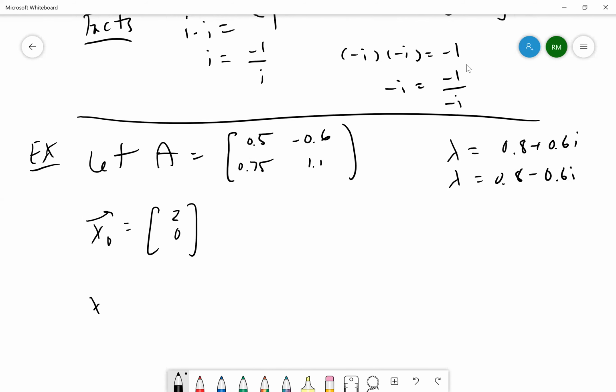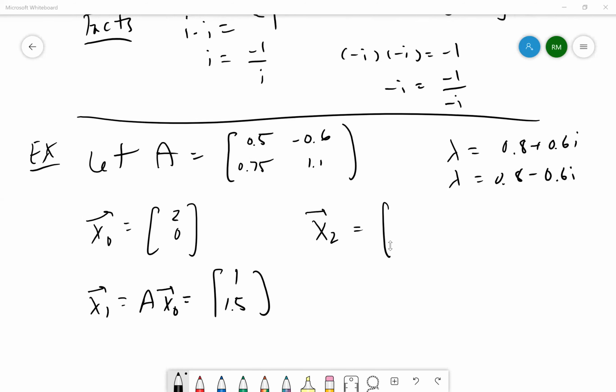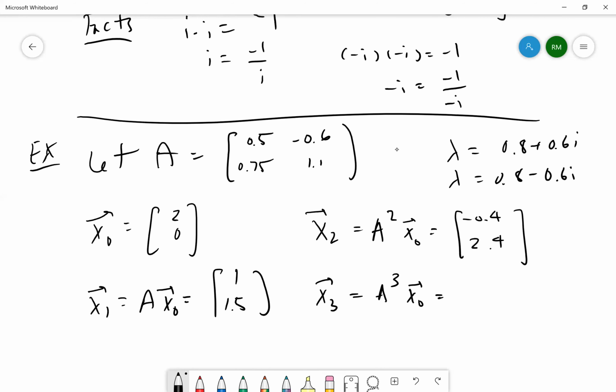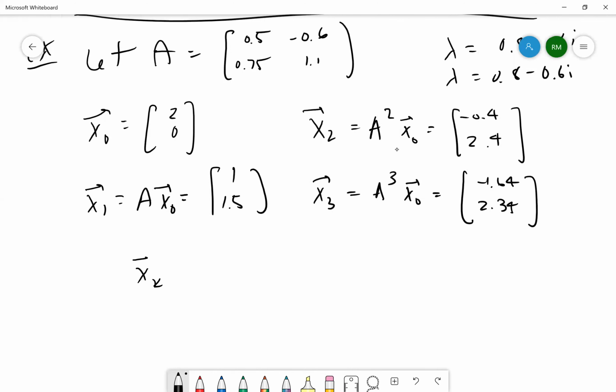We're going to let x1 be A times x0, and that's (1, 1.5). x2 is A squared times x0, and this will be (negative 0.4, 2.4). x3 will be A cubed times x0, which is roughly (negative 1.64, 2.34), and basically we're going to let xk equal A to the k times x0.